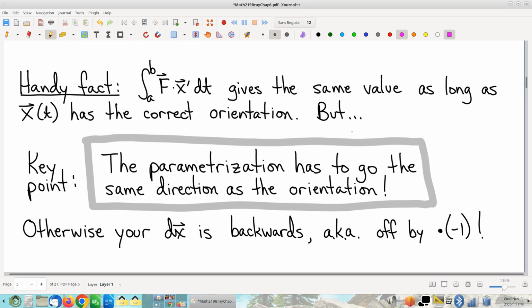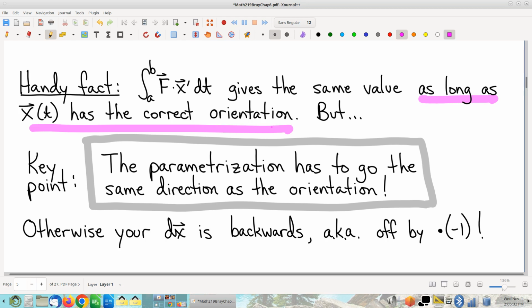So likewise here mostly, except you've got to make sure that you parameterize the right way. You can't parameterize it backwards. Right? If you're going to be hiking a mountain trail and that trail is going a certain direction, well, your parameterization has to go that same direction.